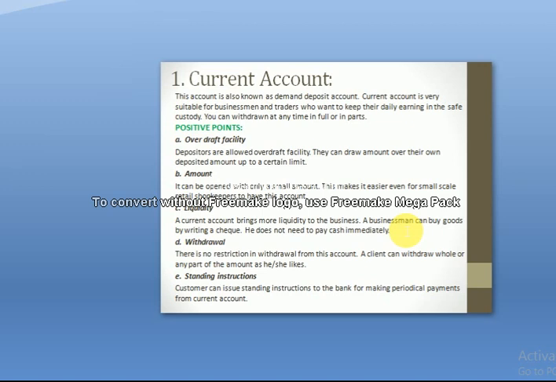For example, if businessmen want to make payments, it is impossible for them to individually make payments in the form of cash to their suppliers.